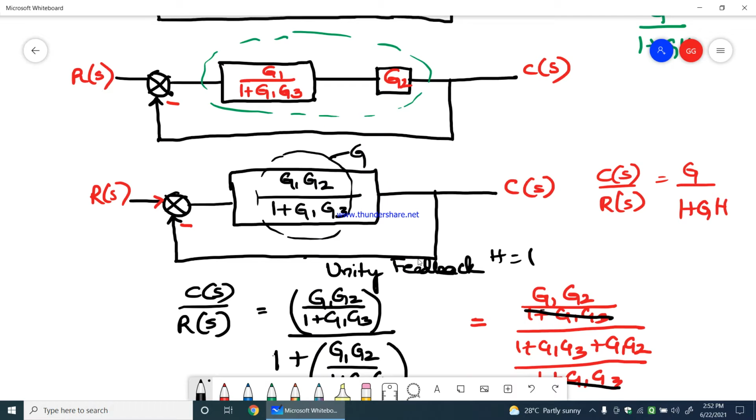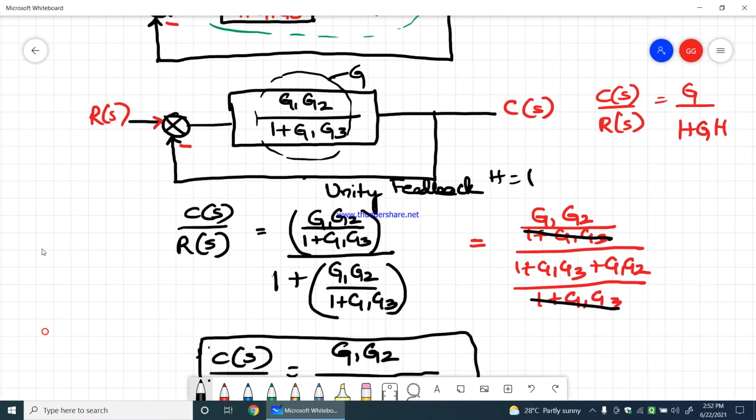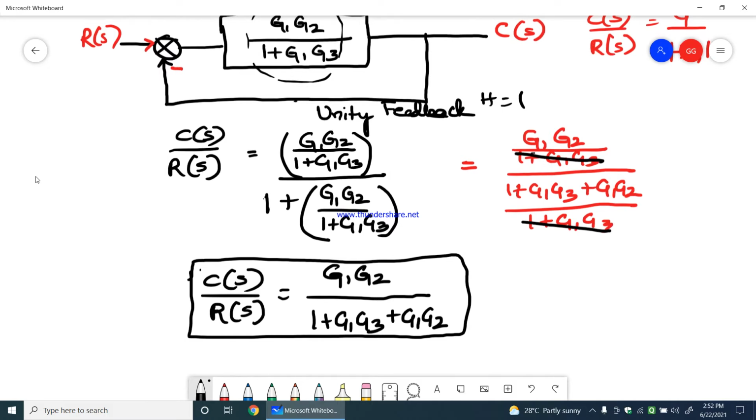So if nothing is there, we consider such feedback as unity feedback. So therefore H will be equal to 1, such that C of S by R of S would be equal to G divided by 1 plus GH. Now it becomes G divided by 1 plus G, because H equals 1. So substitute what is G in this diagram, and then finally you will be able to get the transfer function for the given block diagram.